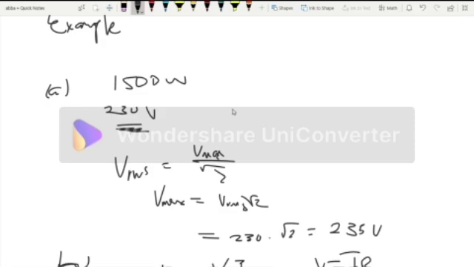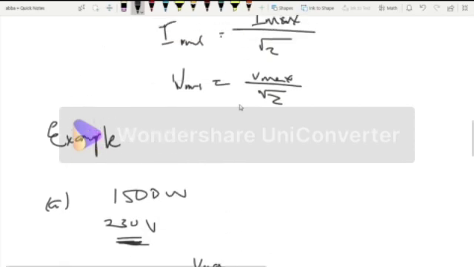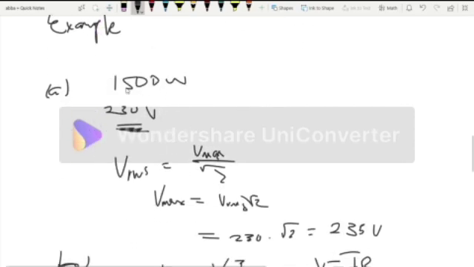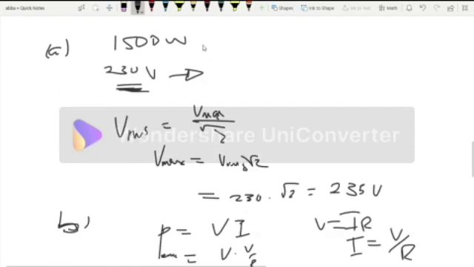We knew that this is the RMS because they said connected to a 230 plug point. If it was on the main line, it was going to be our maximum. Remember, each house is powered by 230 volts. So which means that the plug they are talking about is the plug in the house. So you have to bear those in mind.